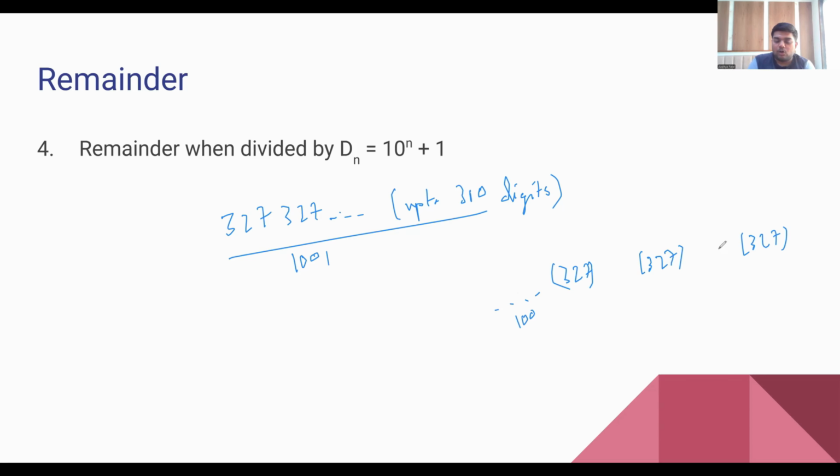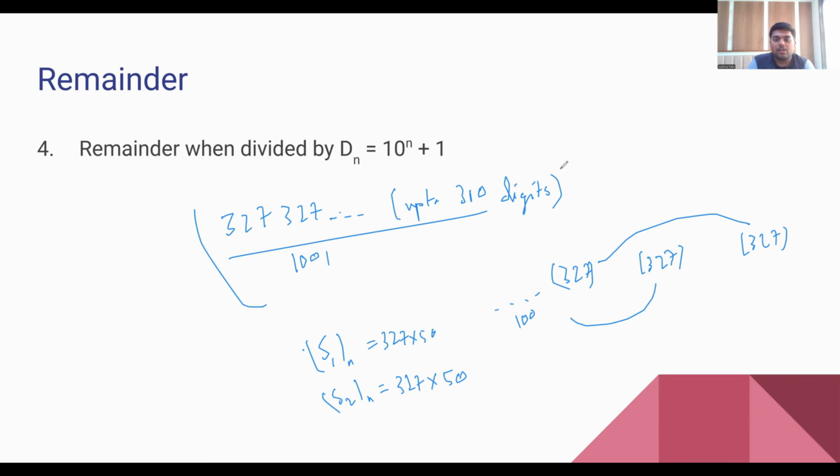Now summation of alternate groups, which is the first and the third, second and fourth, and so on. Since there are a total of 100 groups, which is an even number, so the summation S1 of n is equal to 327 into 50. Then S2 of n is equal to 327 into 50.